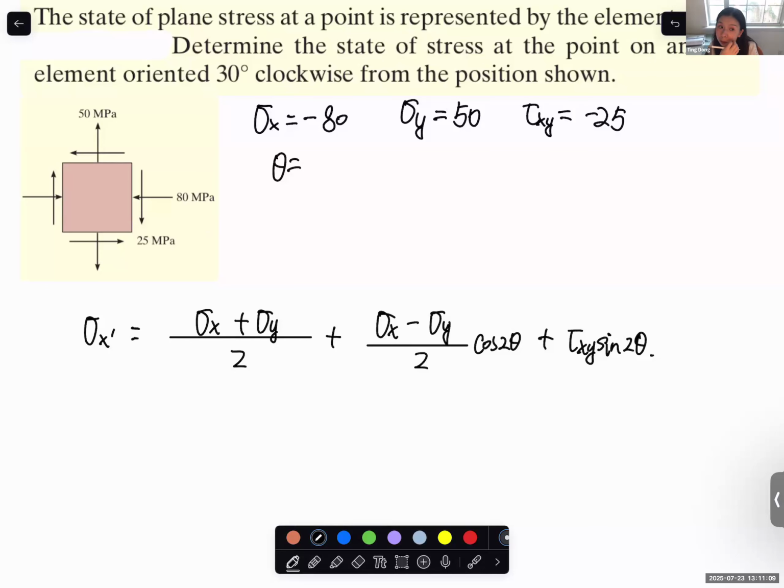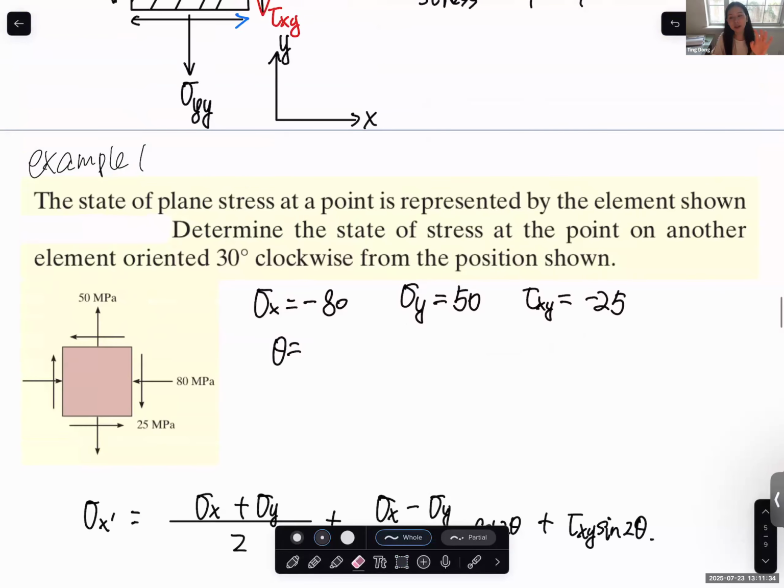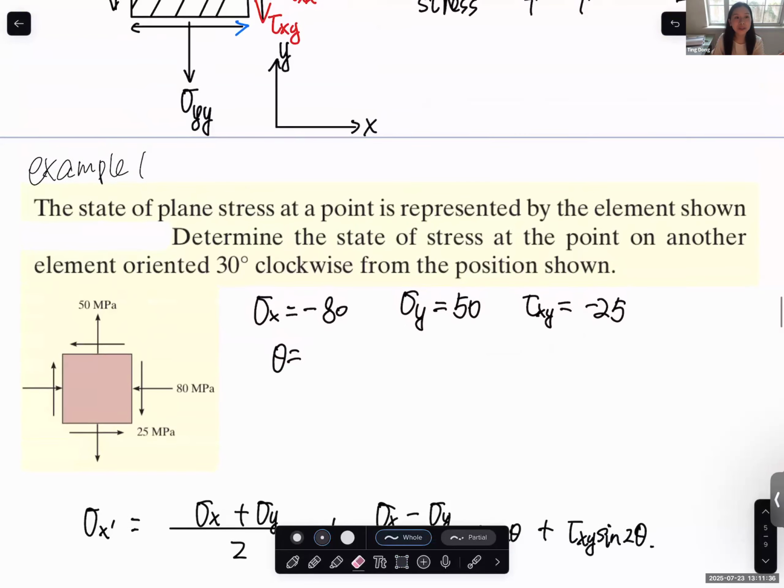Anyone? 30. Negative 30. Let's do a vote. Positive, negative. Well, whenever there's confusion, always go back to the basic concept.